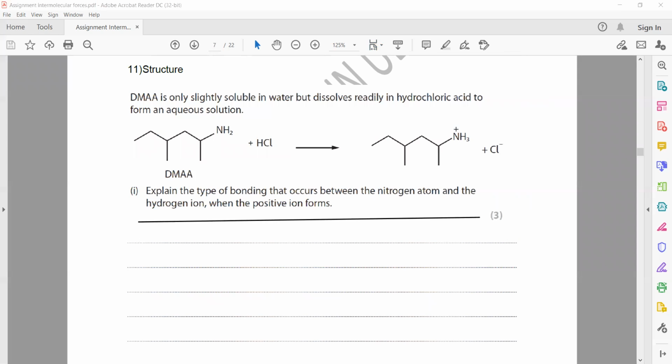So which bond is formed between nitrogen and hydrogen? A dative bond is formed. When both of the electrons are shared from one of the atoms, we call that a dative bond.